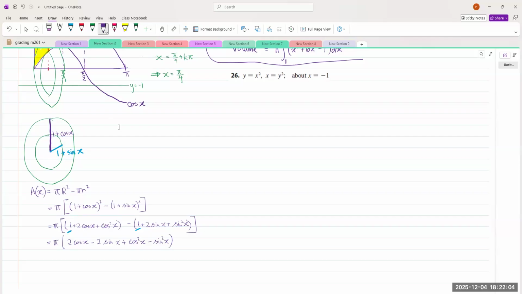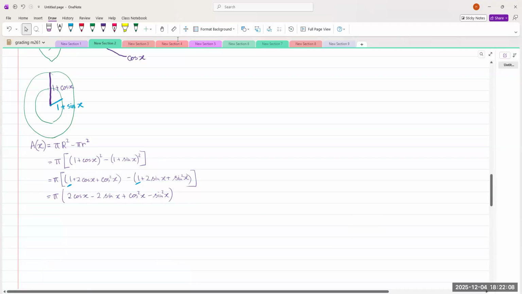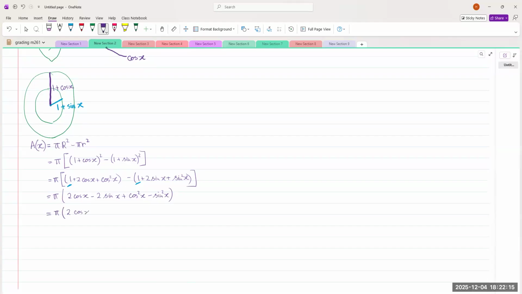But I hope you remember from trigonometry that cosine squared x minus sine squared x is cosine 2x. Otherwise, it's not integrable for your level yet.